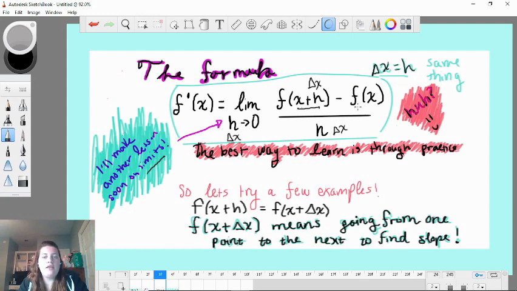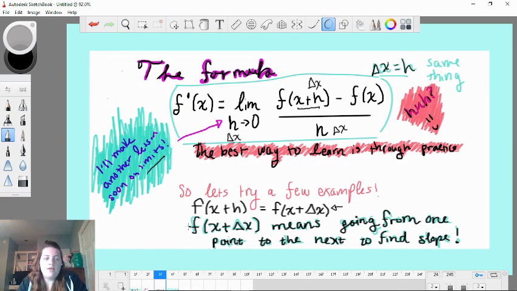You would just plug in x squared for f of x. Okay, so the best way I think to learn this is through practice. And so let's try a few examples. And just to tell you again, reiterating, f of x plus h is the same as f of x plus change of x. So the change of x on the graph. f of x plus change of x means going from one point to the next to find the slope.